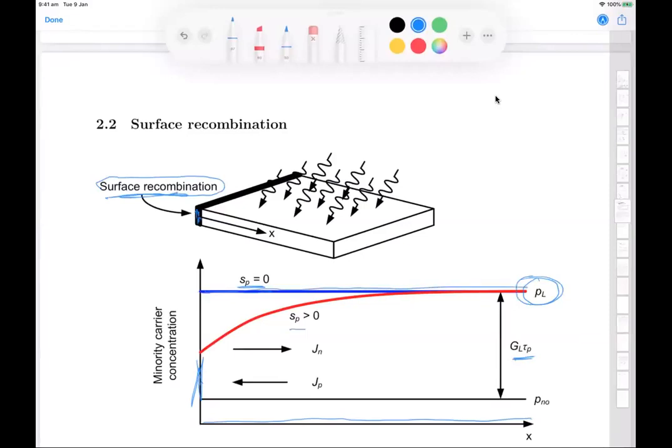In the case where we have surface recombination, the population at the surface is less than the bulk. And we now know that this will cause a diffusion current of holes towards the surface where the surface recombination is occurring.